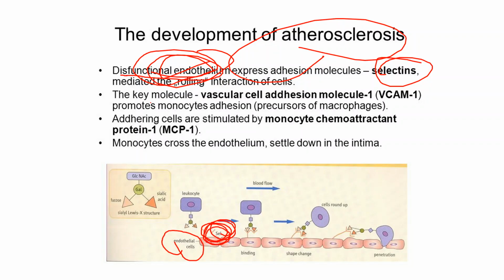The key molecule VCAM1, vascular cell adhesion molecule 1, promotes monocyte adhesion; monocytes are the precursor of macrophages. These adhering cells are stimulated by the monocyte chemoattractant MCP1, and further these monocytes cross the endothelial cells and settle down in the intima. So it will start depositing the materials, and these cells will come and start attaching here.